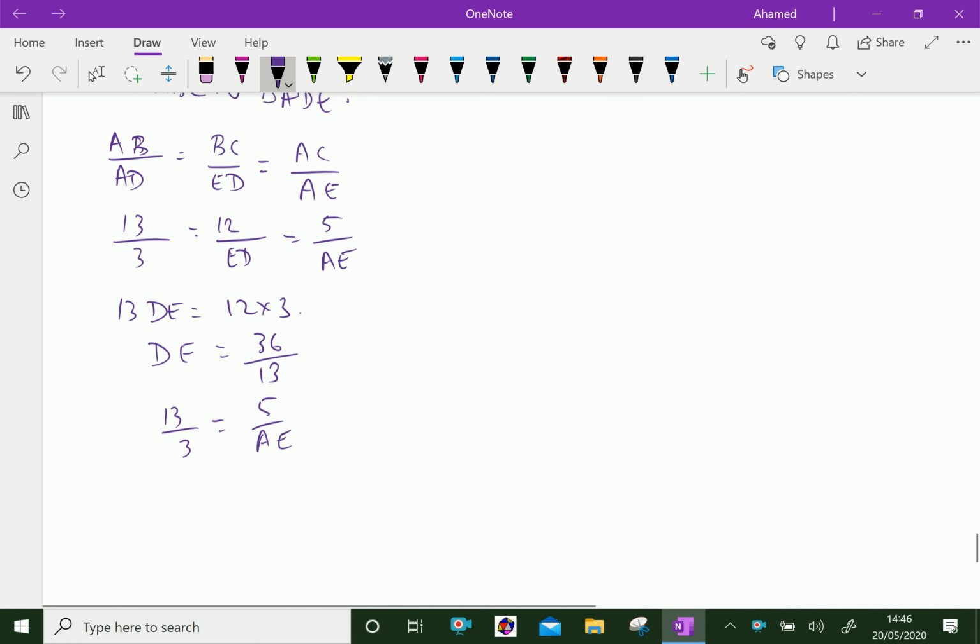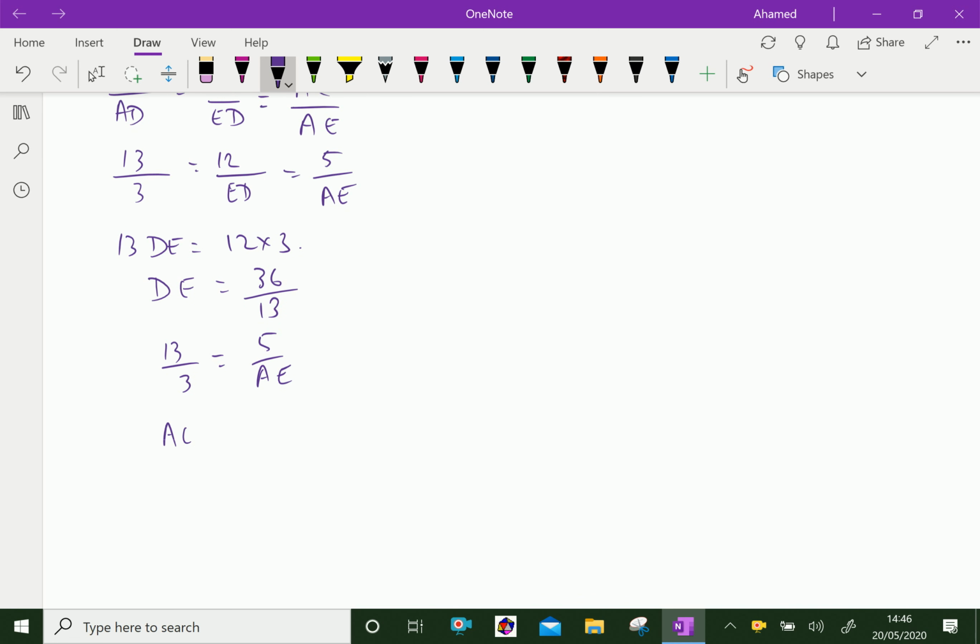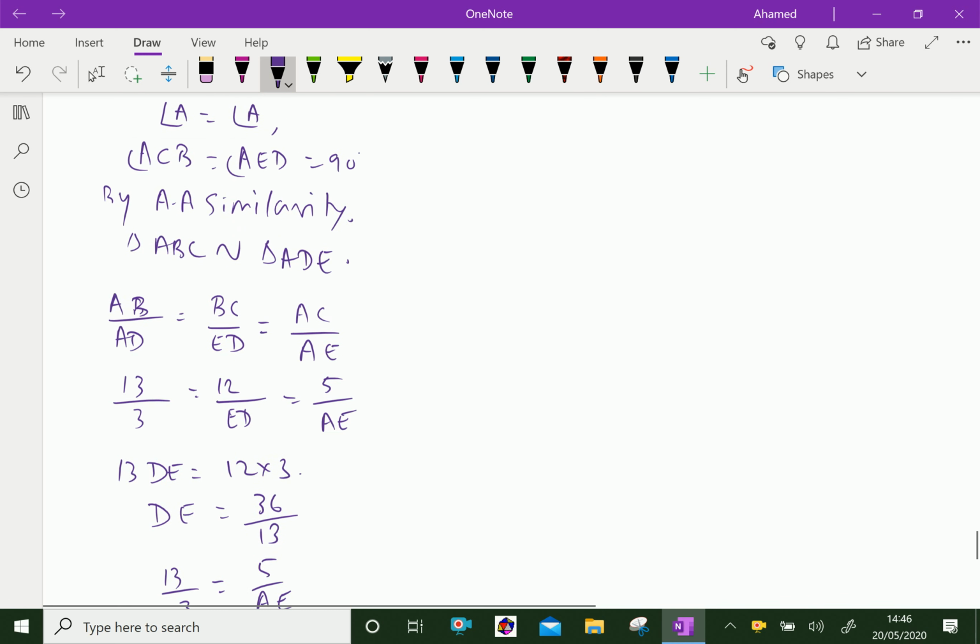Therefore AE equals 5 into 3 over 13. Therefore, AE equals 15 over 13. Now we got the unknown values.